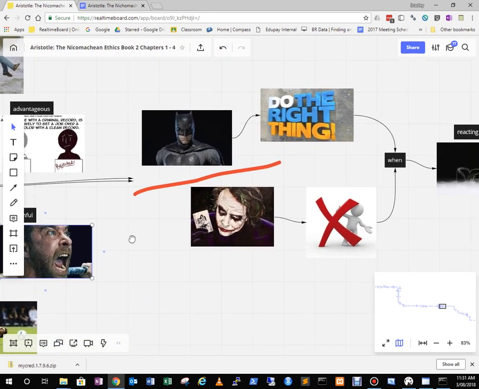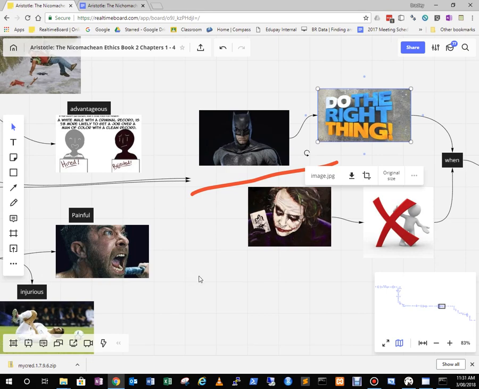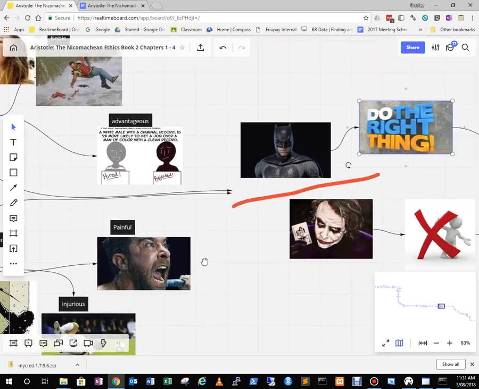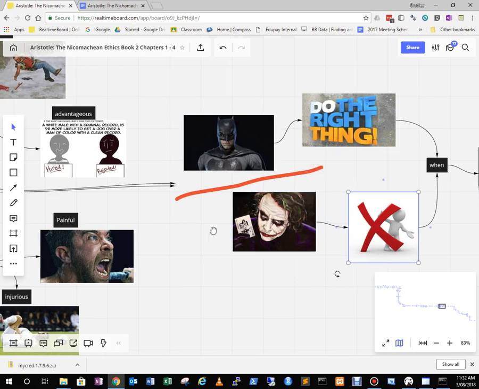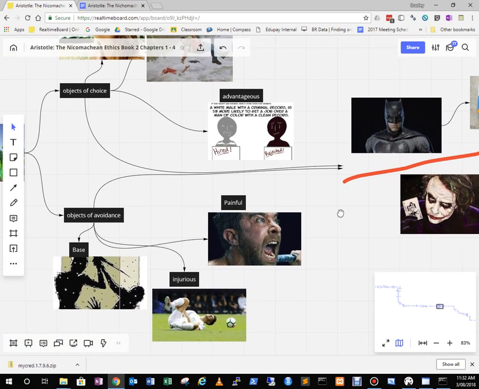And he says, look, what happens is a good man tends to do the right thing when confronted with these scenarios, right? And he tends to respond properly to pain to do the good, and properly to pleasure to do the good. Whereas a bad man does the wrong thing when faced with objects of choice or objects of pleasure.